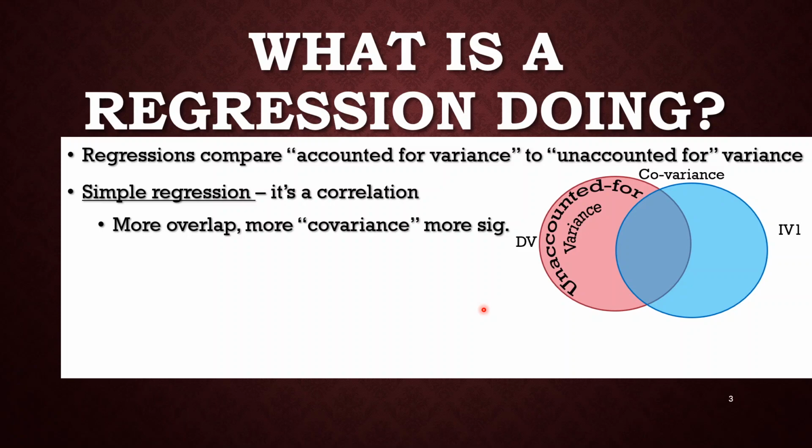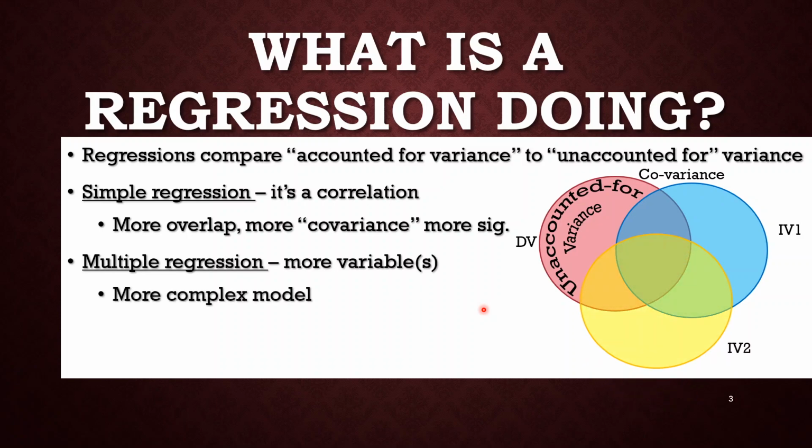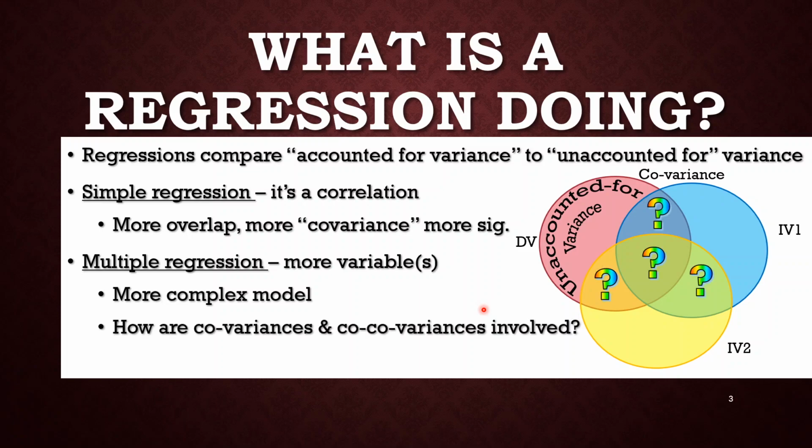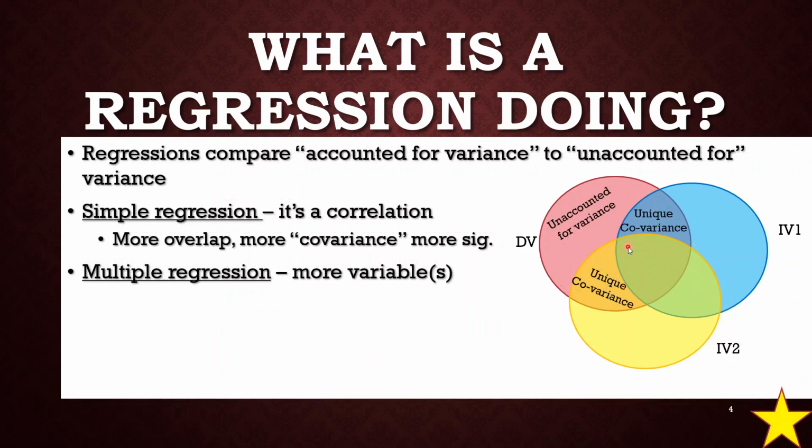Imagine that we add in another independent variable. What does that do to these covariances? Well, we get a series of different covariances. We have just the unique covariance. How much does independent variable 1 overlap with the dependent variable that isn't overlapping with your other independent variables?